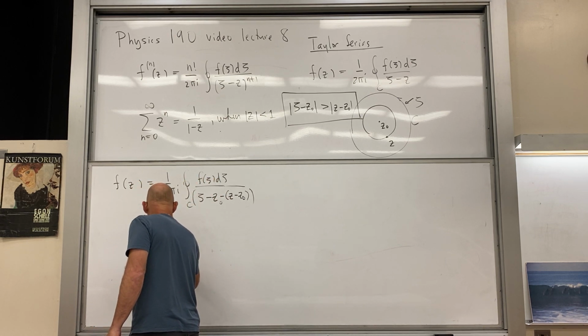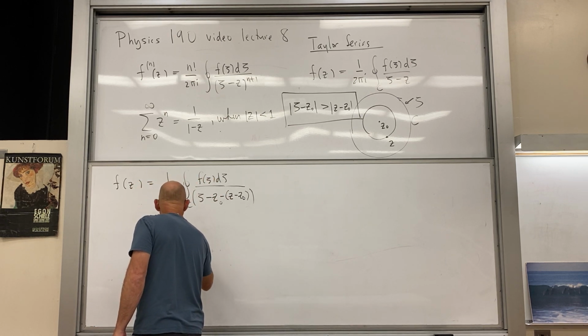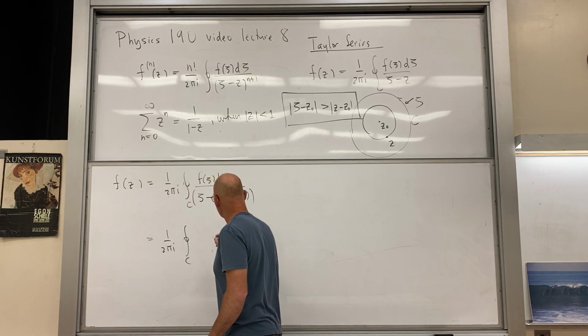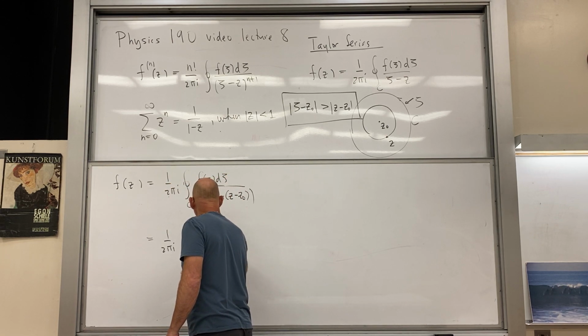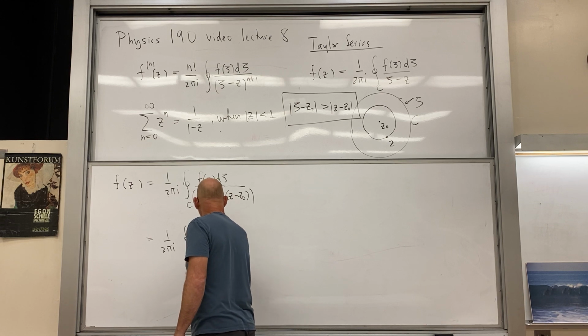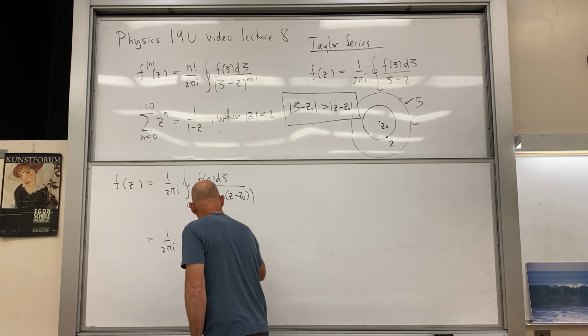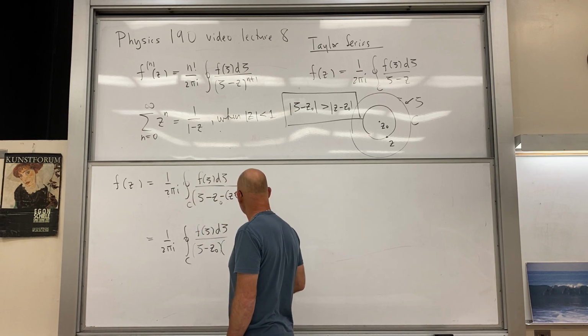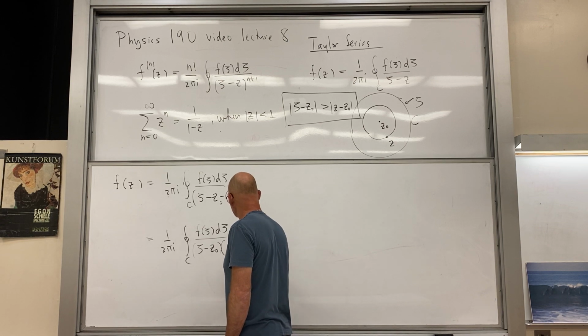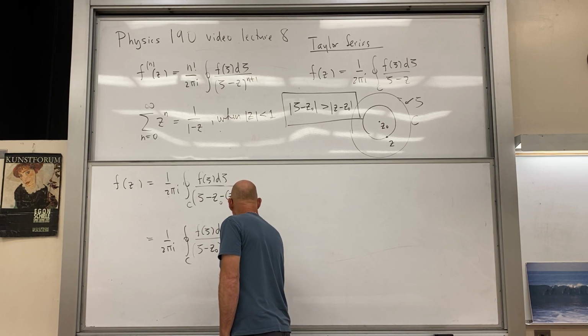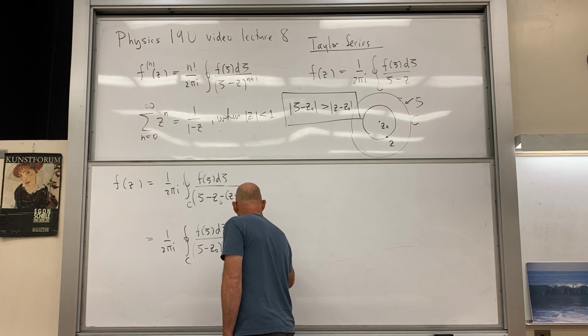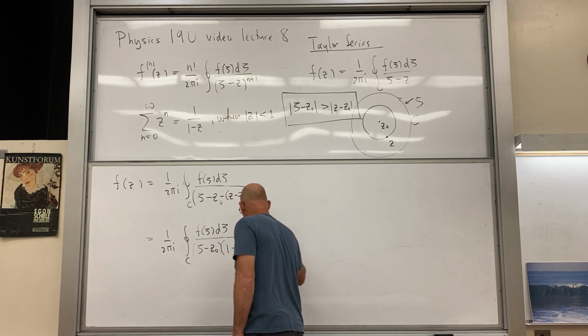1 over 2 pi i, zeta. We'll take zeta minus z sub 0 out of here. And then we'll have 1 minus z minus z sub 0 divided by zeta minus z sub 0, all under the denominator there.